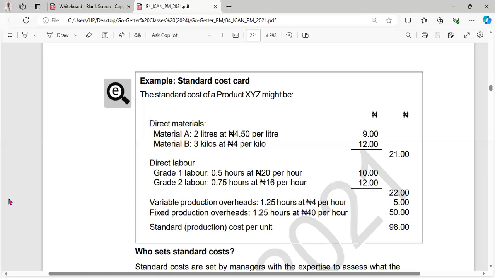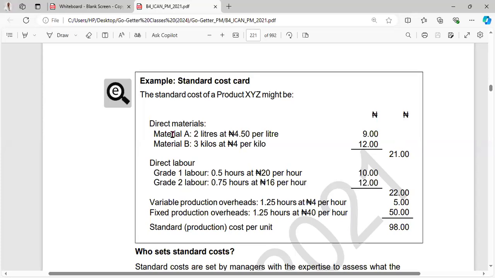Look at the direct material. Material A could be flour. It takes 2 liters of material A to make one loaf of bread, right? And 1 liter of material A costs us 4 naira 50 kobo. So if you must use 2 liters, it means 2 times 4.5 makes 9 naira to make 1 unit of bread.